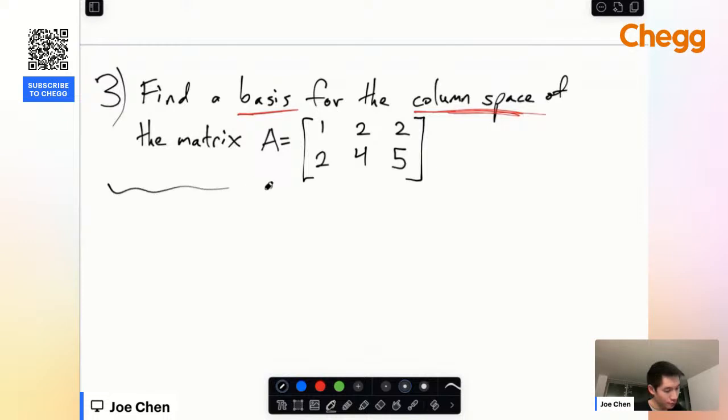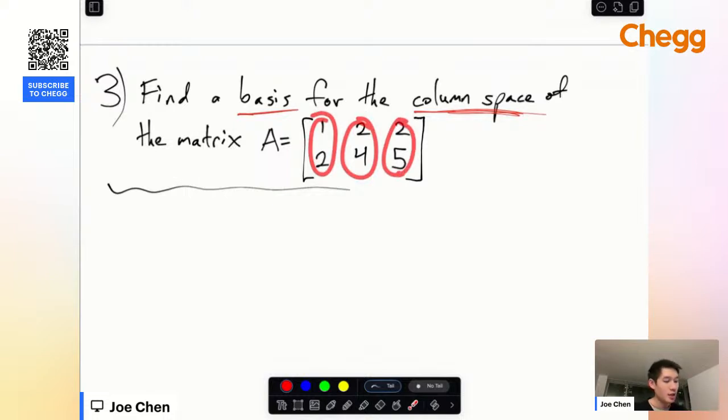So just to summarize, as a refresher, the column space is the set of vectors that you get from spanning all of the column vectors here. So column space is the span of these column vectors.